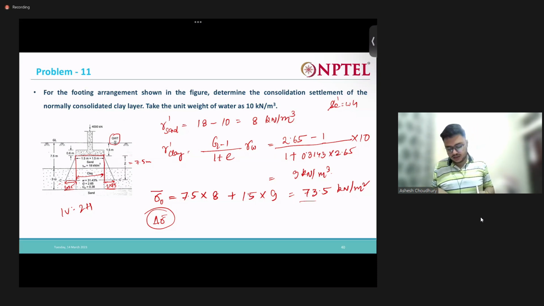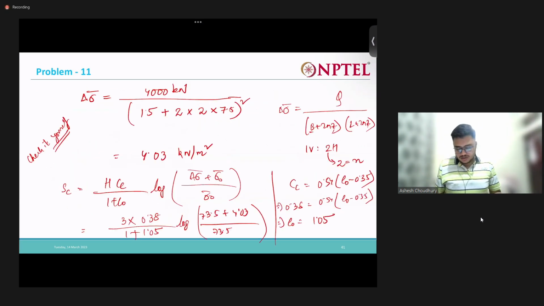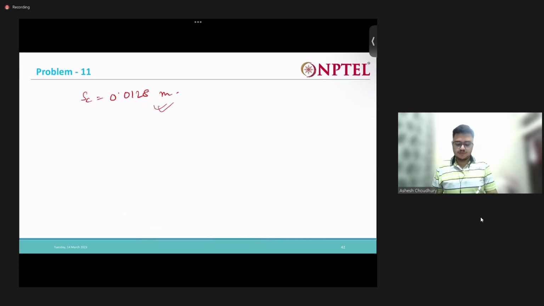The main difference here was that we had to use the trapezoidal distribution of the load to determine the increase in the stress. Rest everything was the same. Using this trapezoidal distribution we determined our change in stress, then Cc also, and then we put these in our consolidation settlement equation for normally consolidated soil, and then we got our settlement.